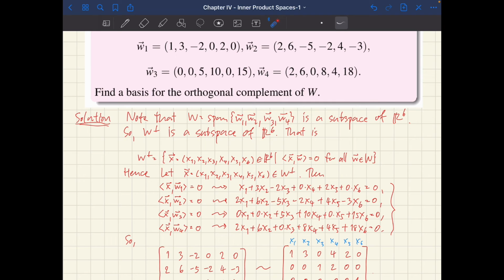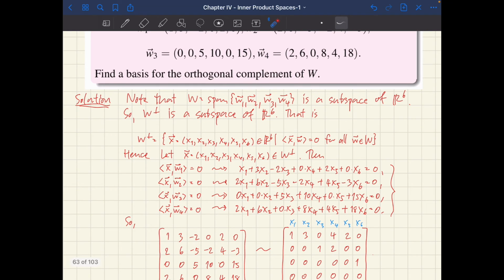The third one gives 0x1 + 0x2 + 5x3 + 10x4 + 0x5 + 15x6 = 0. And for x inner product with w4 equal to 0, we obtain 2x1 + 6x2 + 0x3 + 8x4 + 4x5 + 18x6 = 0.